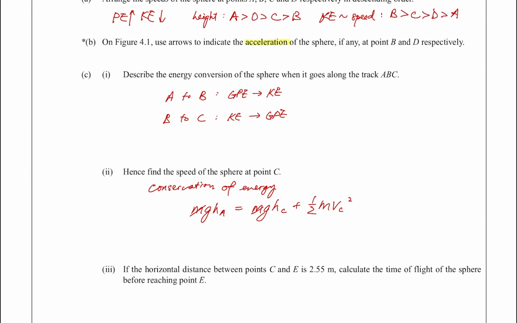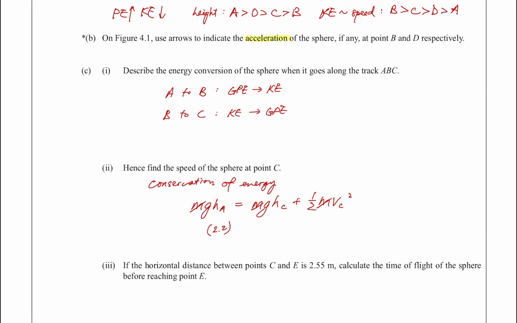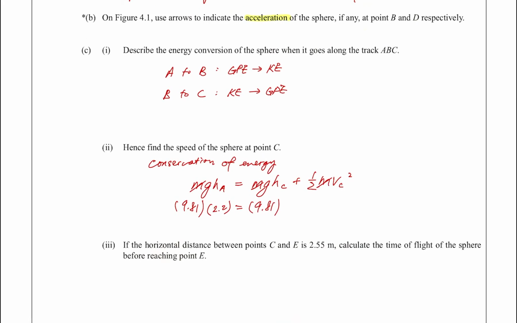The m cancels out on both sides. HA is 2.2. g is taken as 9.81. HC is 1.0. And we have this equation. Solving this equation, we get Vc equal to 4.8522 meters per second.